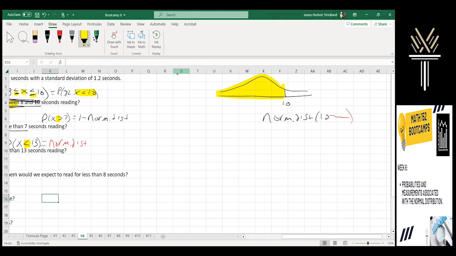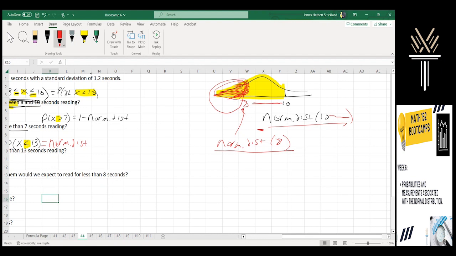But I don't want all that. I want it to stop at 8 and not do this portion right here. Well, 8 down to the left, this calculation from 8 on down, that's nothing more than norm.dist at 8. And so if I take my norm.dist 10 measurement and I take away the norm.dist at 8, I would take off this piece right here, leaving from 10 to 8.